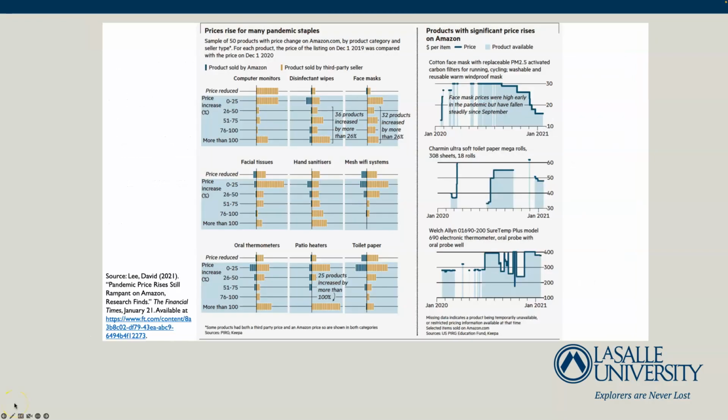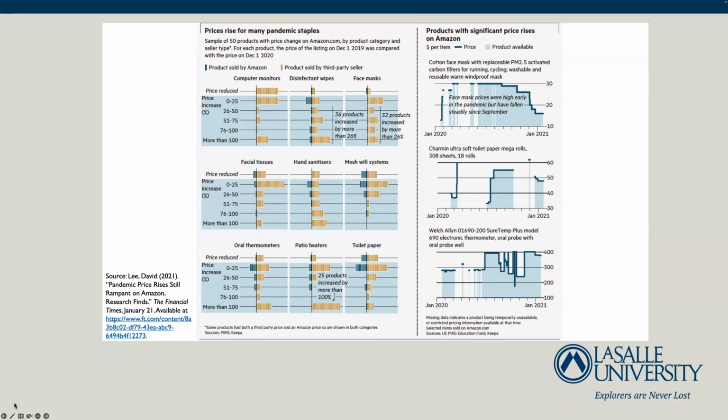Now in practice, we saw sellers raising prices for many different goods during the pandemic. So this was a chart from the Financial Times taking a look at price hikes on Amazon.com for many pandemic staples, from face masks to disinfectant wipes to hand sanitizers and so forth.